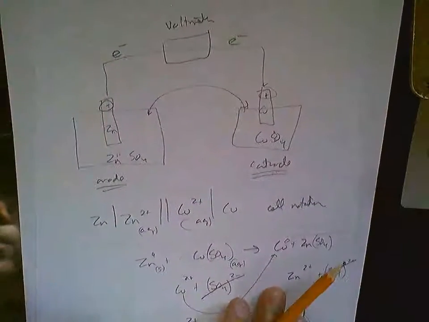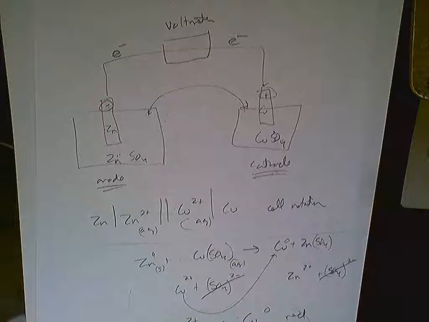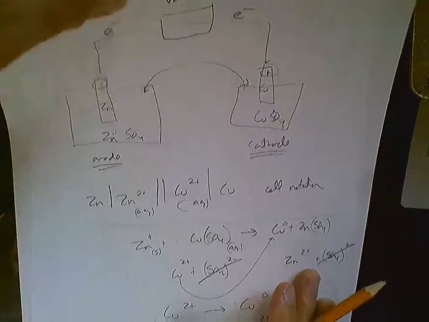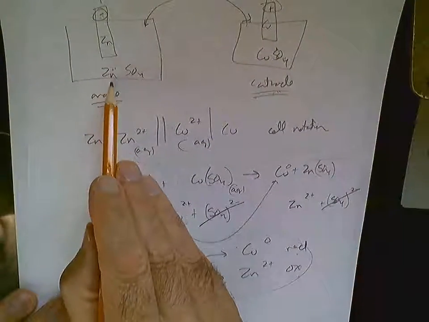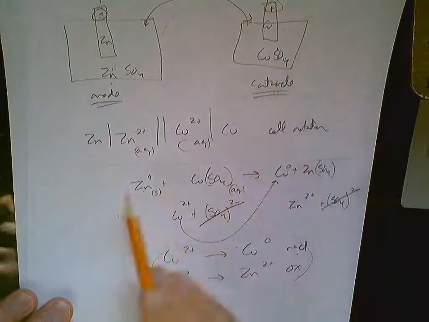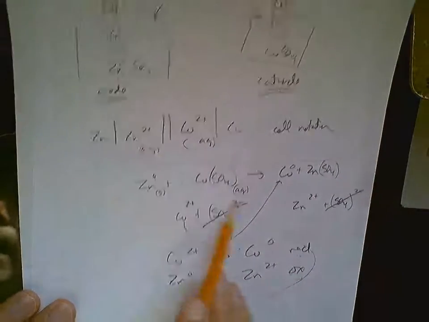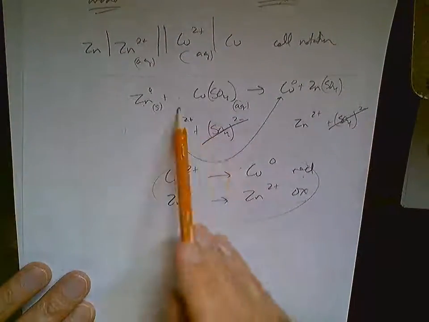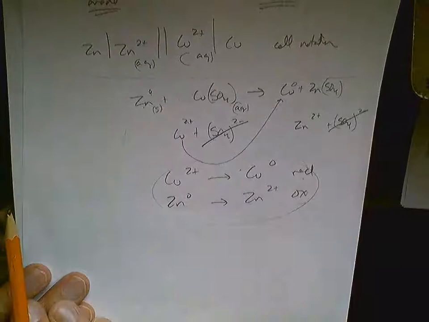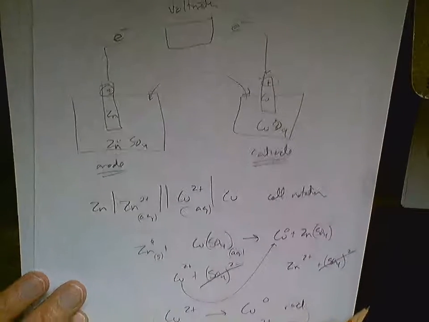There are lots of great videos out there on galvanic cells or Daniell cells. Make sure you watch a couple. So what you have to be able to do is draw a diagram with the anode on the left and the cathode on the right. You have to be able to do net ionic equations to show what's being reduced and what's being oxidized.